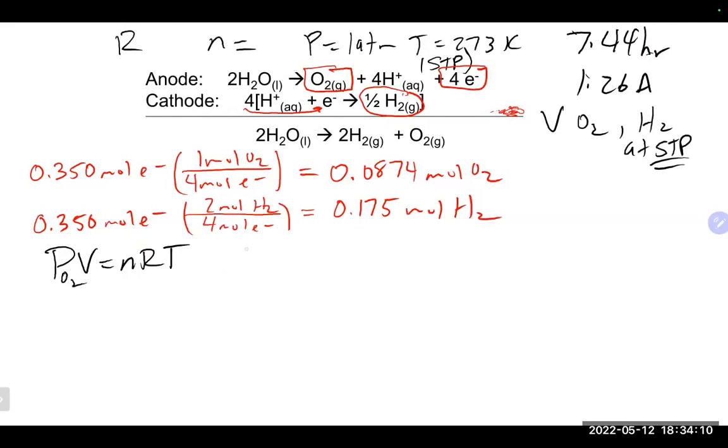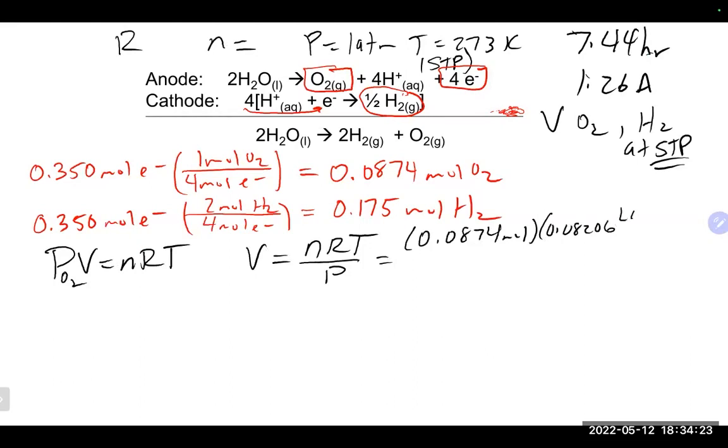If we solve for the volume, it would be nRT divided by P. That would be our 0.0874, our 0.08206 liters atmosphere per Kelvin mole, and our temperature of 273 Kelvin, all divided by our pressure, which would be 1 atmosphere in this case.